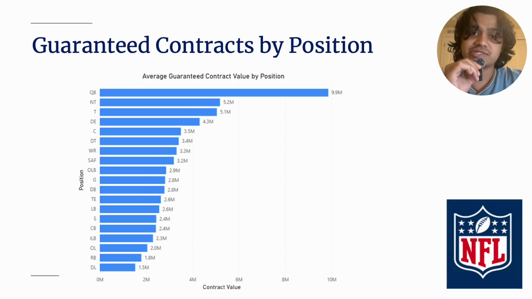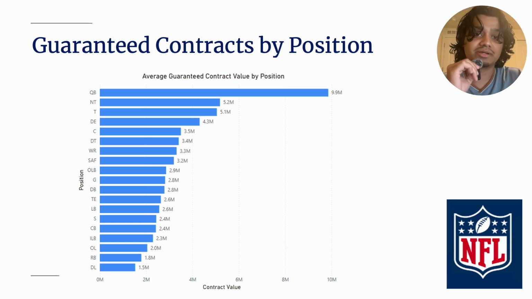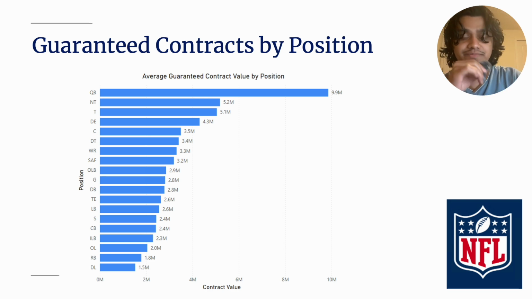And what's also interesting is that right after QBs, the top guaranteed contracts belong to defensive linemen and offensive linemen. In this case, both of them are making around $5 million. So basically, it shows how much a team values protecting the quarterback and stopping the quarterback, right, from the tackles.